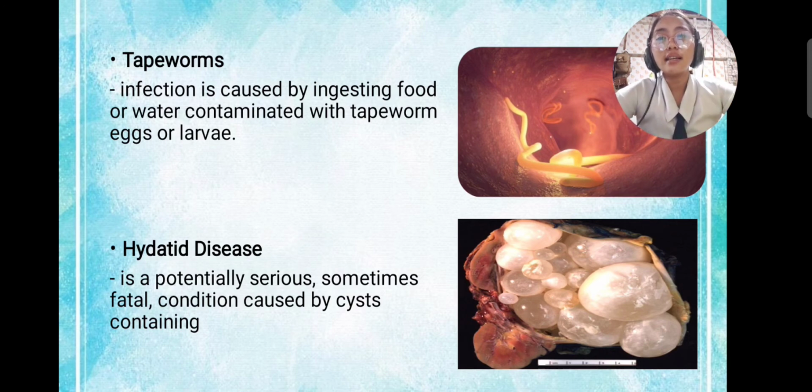The next is hydatid disease. It is a potentially serious, sometimes fatal, condition caused by cysts. They are most commonly found in the liver and lungs, although they may also occur in other organs like bones and muscles.